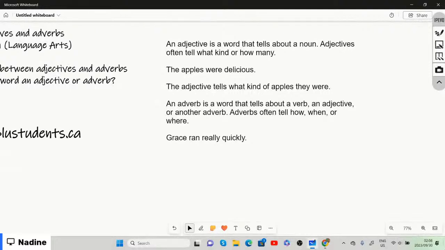For example, Grace ran quickly. Quickly basically tells us how Grace runs. She runs quickly.